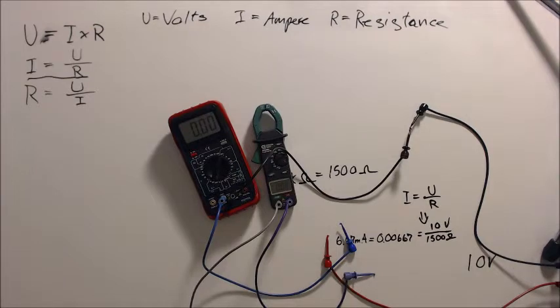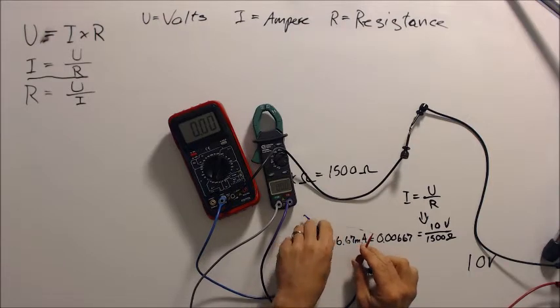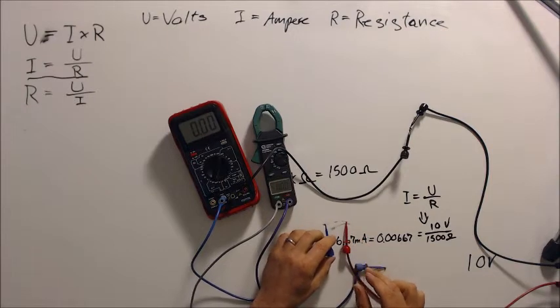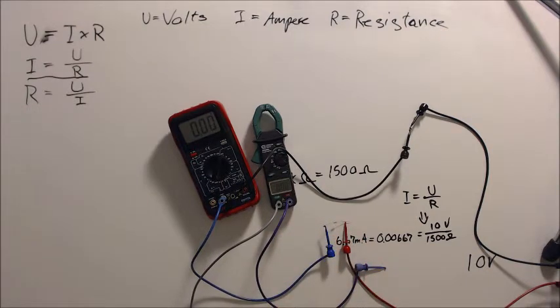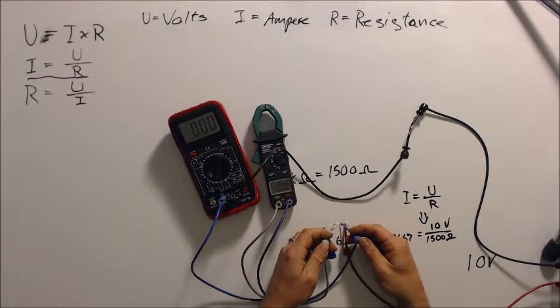So now let's change our resistor. So we're still going to have the power coming in here. Our lead going to our amp meter. This is a 3.3 kilo ohm resistor. And we're still going to measure some voltage across here.